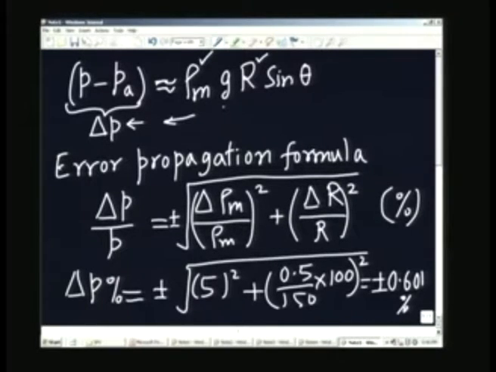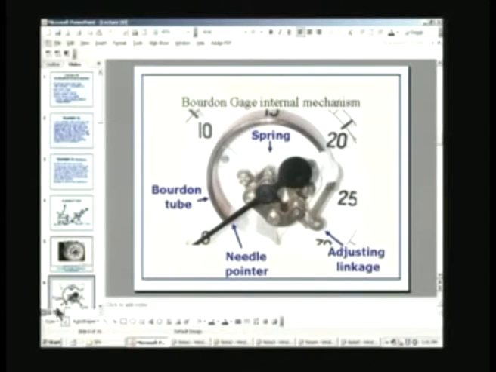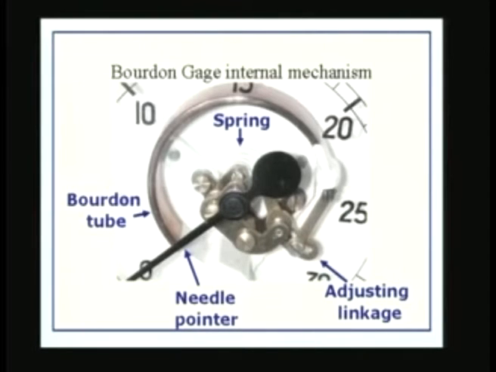So, in this problem what comes out through the numbers is that some errors may be neglected, some errors may not be neglected depending on the circumstance. So, we will go back and continue with our discussion on the other types of pressure gauges.